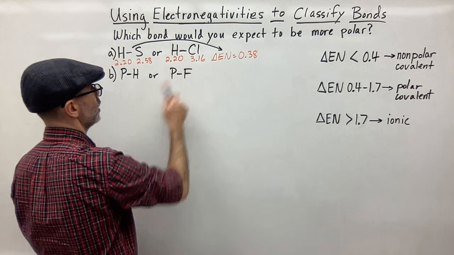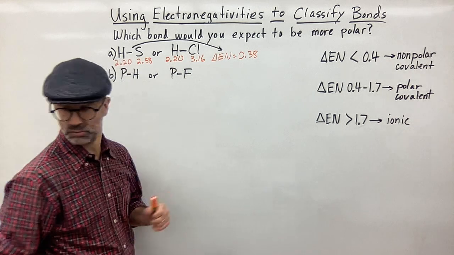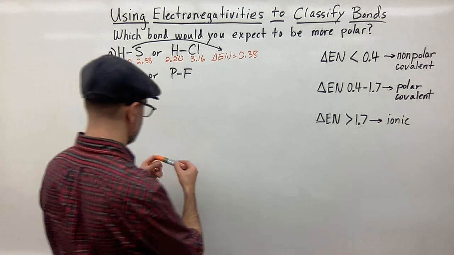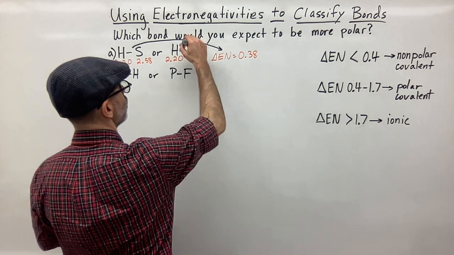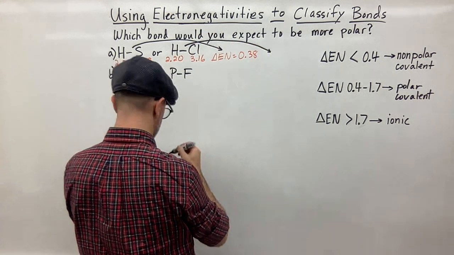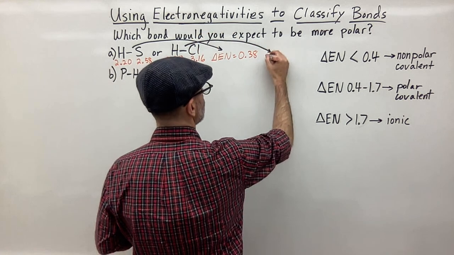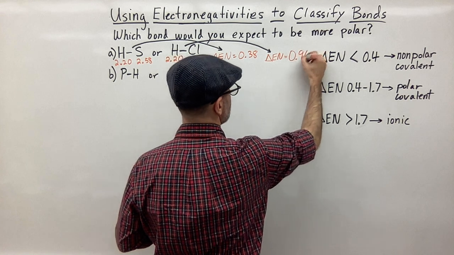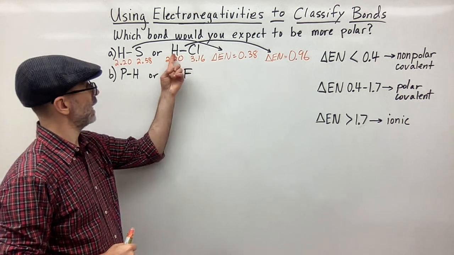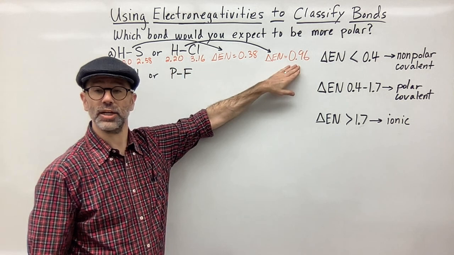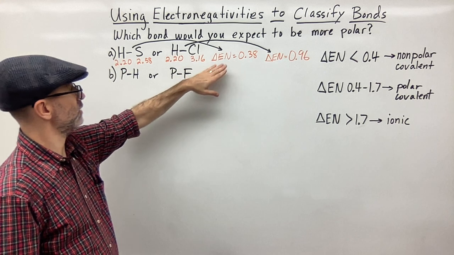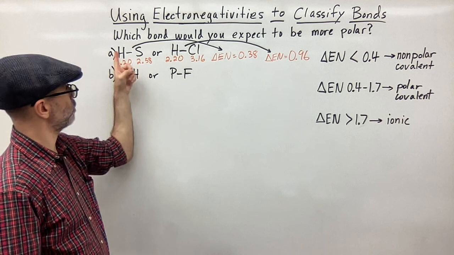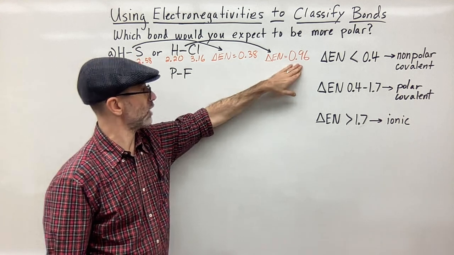The HCl here is going to have an electronegativity difference of about 0.96. So we can see that this HCl bond has a greater electronegativity difference than the HS bond. So the HS bond is going to be less polar than the HCl bond because there's a greater electronegativity difference between these two.